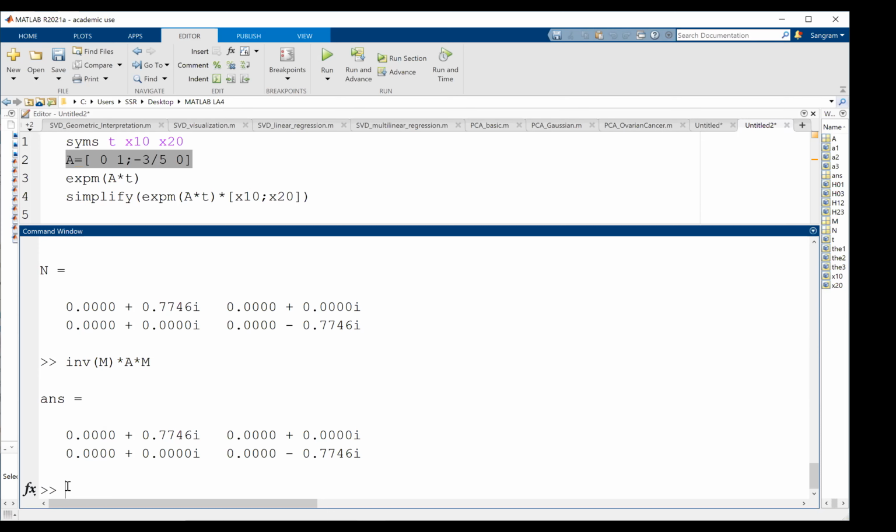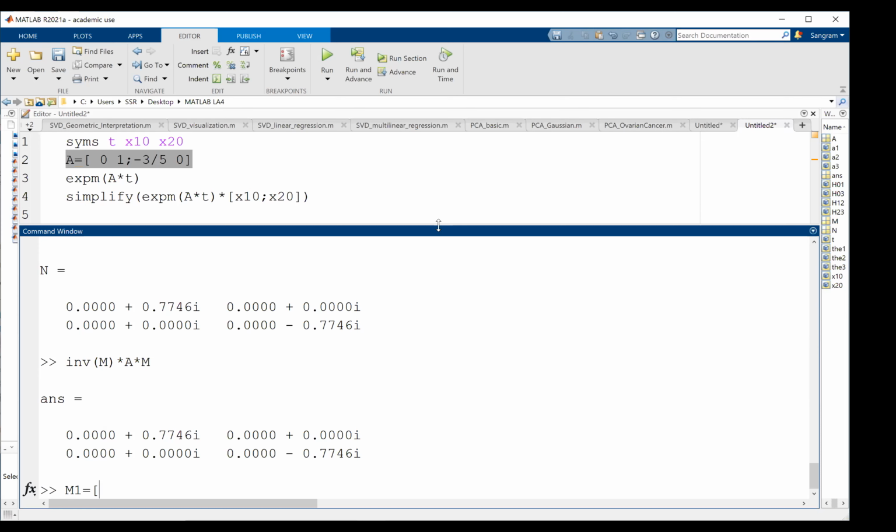And now what I want you to do is, M1 is equal to, I want you to take just the first real component of the eigenvector. I will show it to you in just a second.